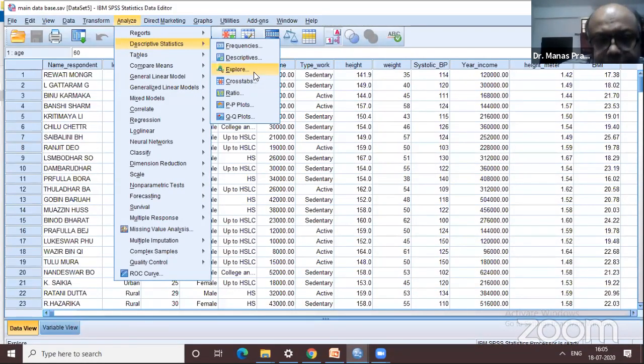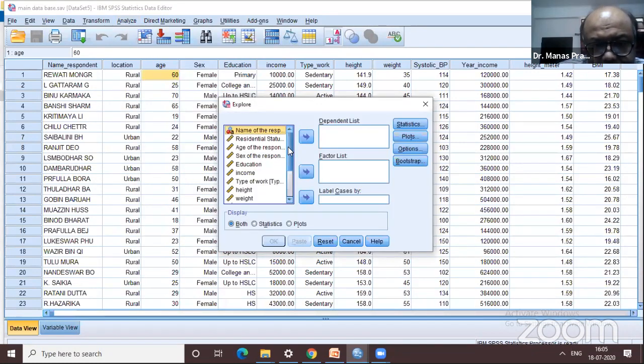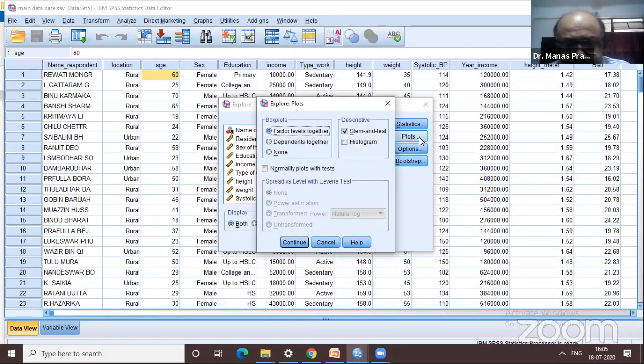Click explore. Then I have to put the variable in the dependent list. Suppose I want to construct the QQ plot for age. So I have to select age and put it in the dependent list. Then you have to go to plots.